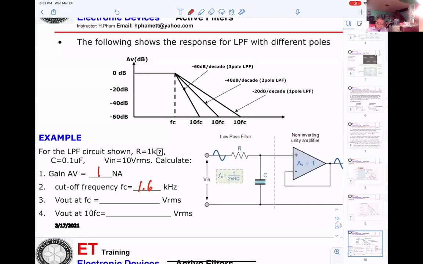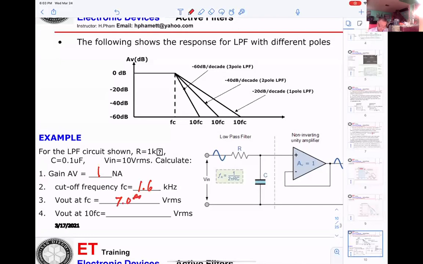And then what is the Vo at the cutoff? 0.707 times Vin, which is 7.07 volts RMS.